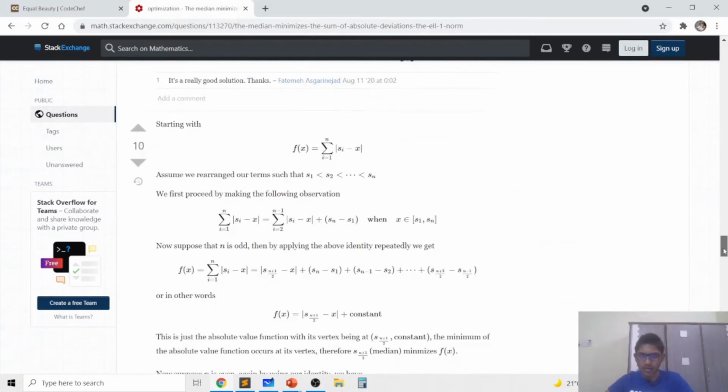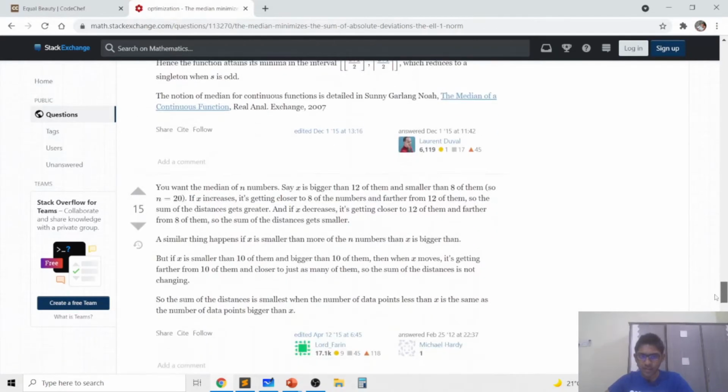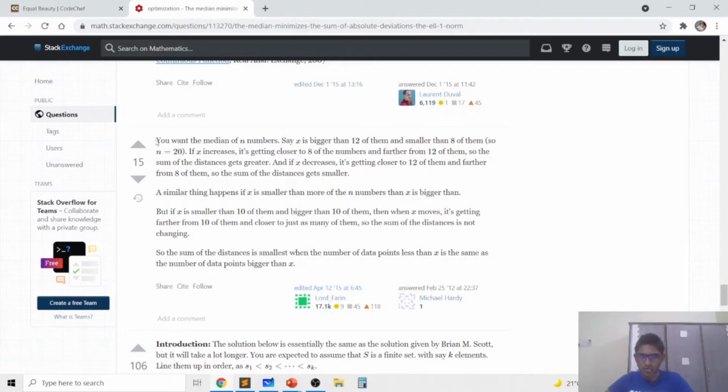A nice proof for this fact is given over here, so you might want to pause the video and understand this proof. I'll be using this fact in one of the cases of the solution.